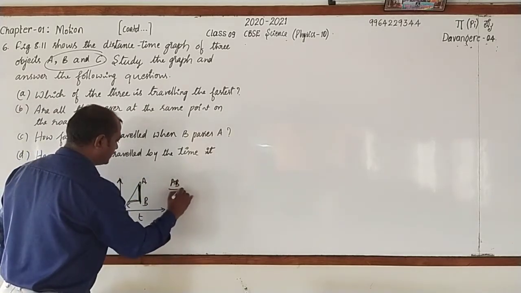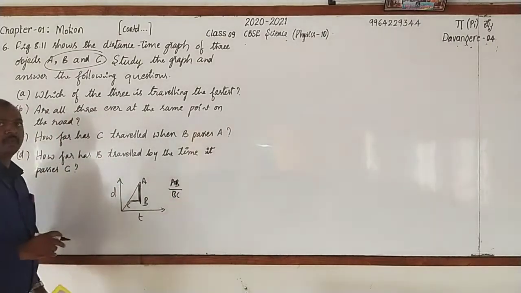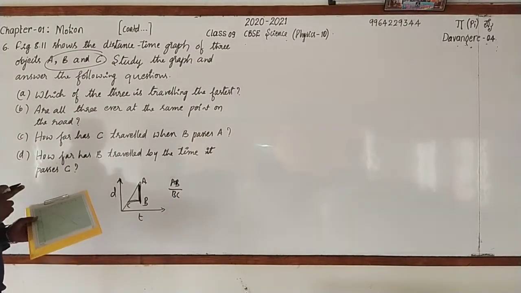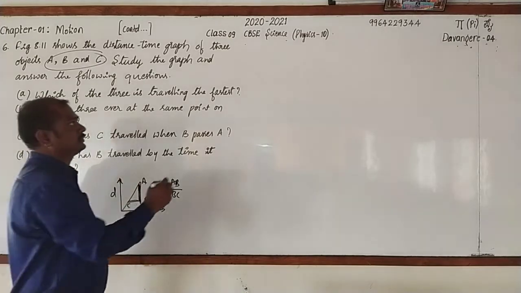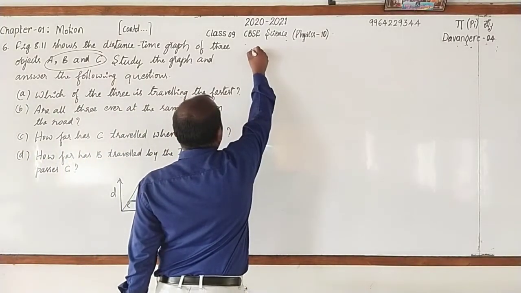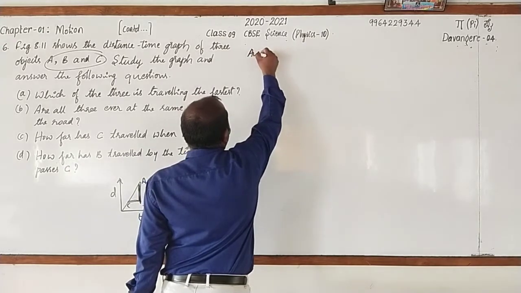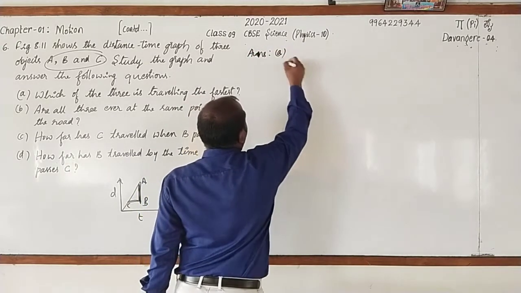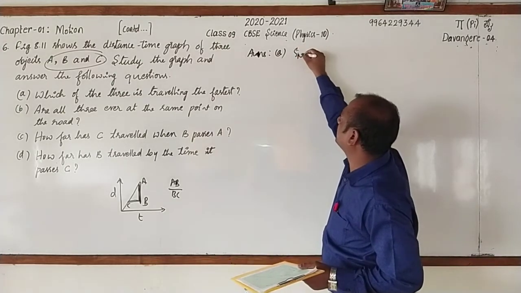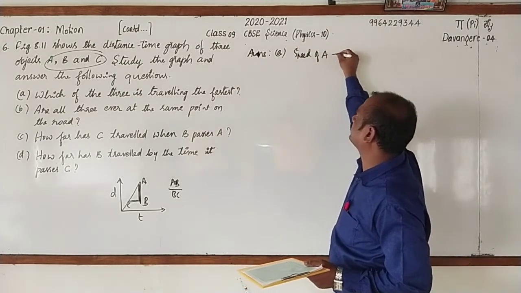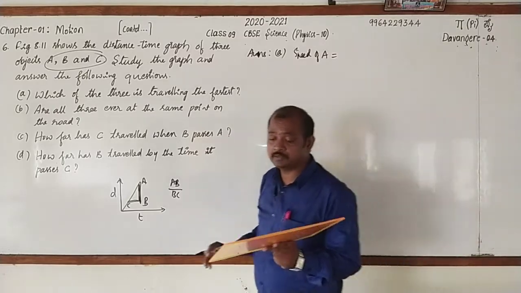First, let's find the velocity or speed of each object. To answer that, first we have to find the speed of A. We have to take the slope.